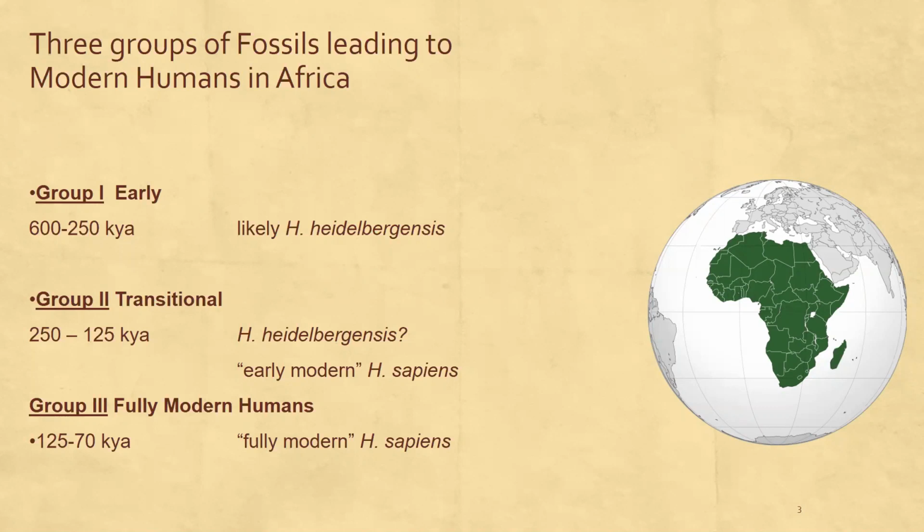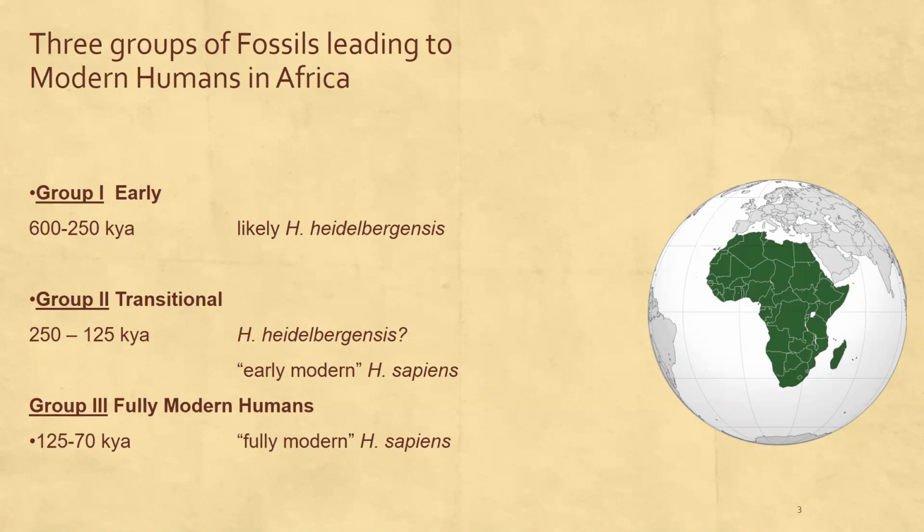Finally, at the end of this talk, we'll look at the rise of the group 3 hominid fossils, fully modern humans, between 125 and 70,000 years ago. Fully modern Homo sapiens, both in biology and skeletal morphology, but also the very beginnings of cultural and behavioral patterns that we recognize as being us, in particular, artistic expression.